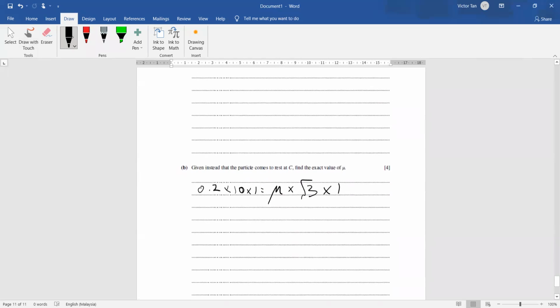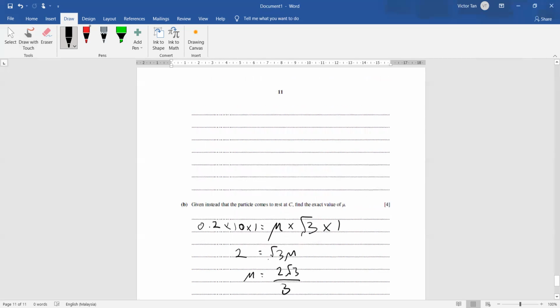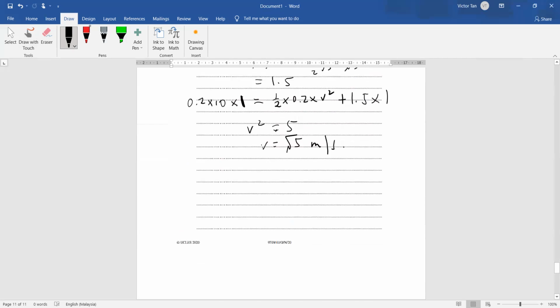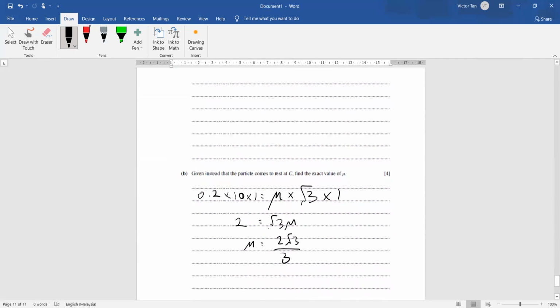So this is 2 equals root 3 mu. So mu is 2 over root 3. Mu is larger than 1 here.